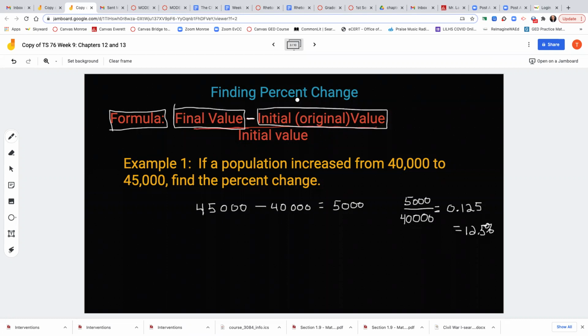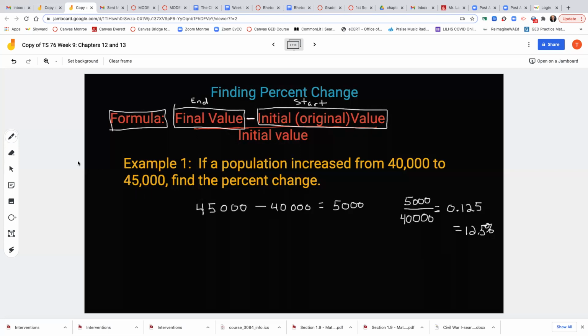You might even add to your notes, put this above it, start value. Think of this as the end value that you had in a story problem, okay? All right, so the ending value minus the starting value, get an answer, divide that answer by the initial value, which is the start value, okay?